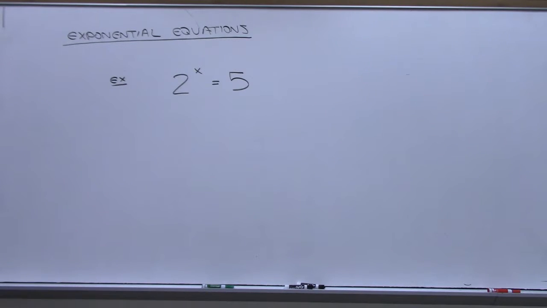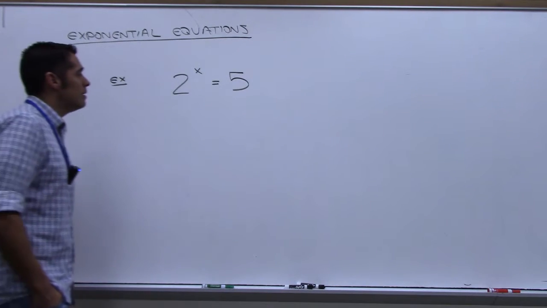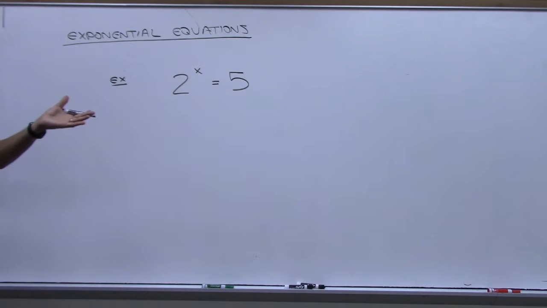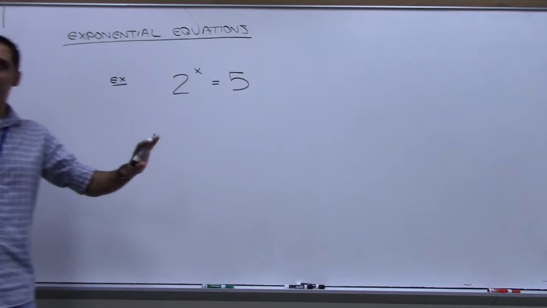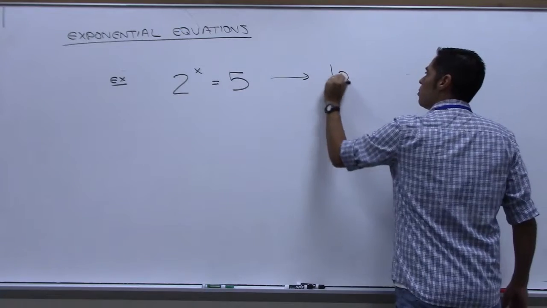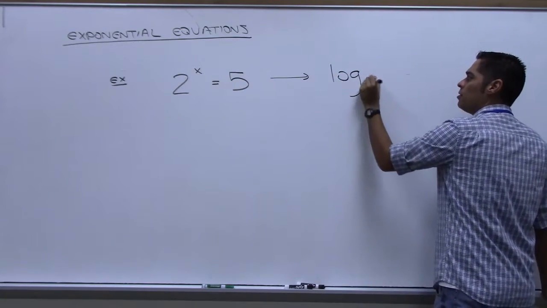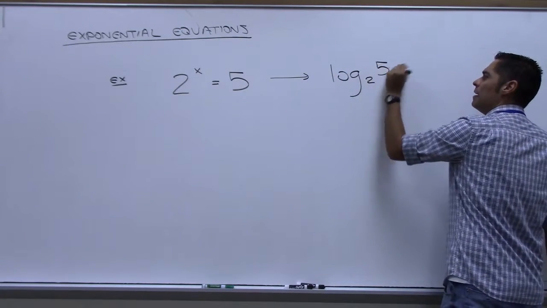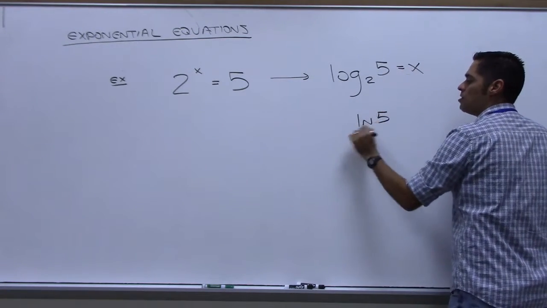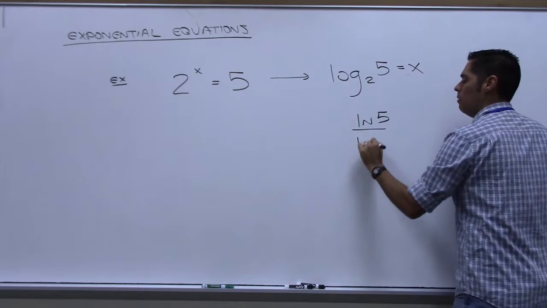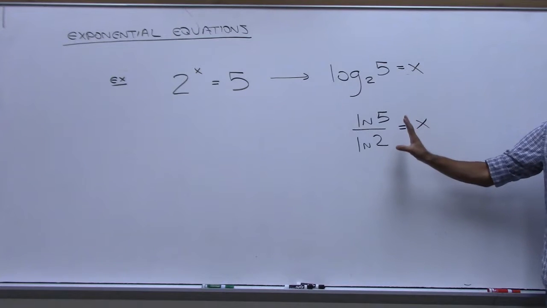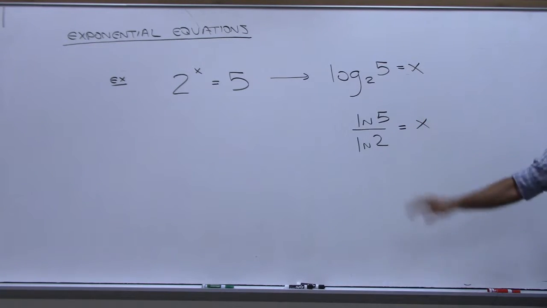We would rewrite this from exponential form into log form. Now, don't write this down, but let me remind you how we did it before. This is the same as log base 2 of 5 equals x. Then we went to our calculator, did the change of base formula, and got an answer. That's how we did it prior to today. I'm going to do it differently today.